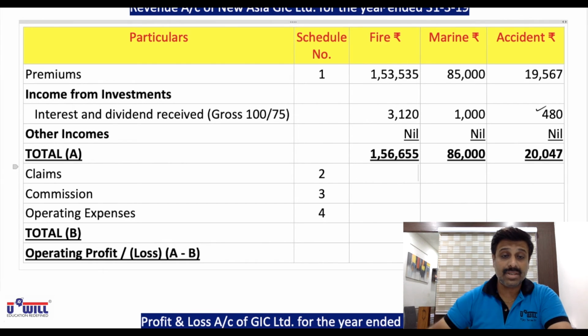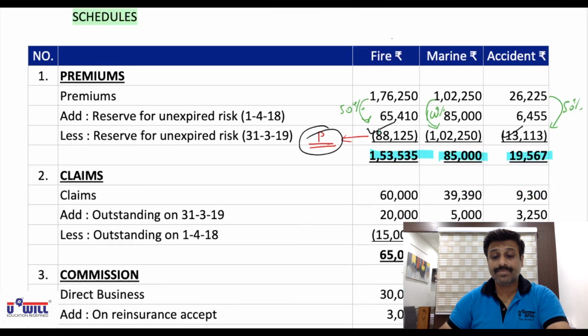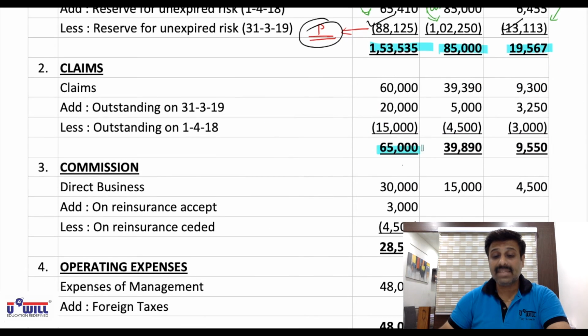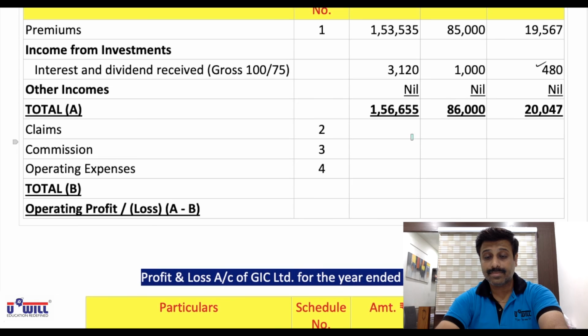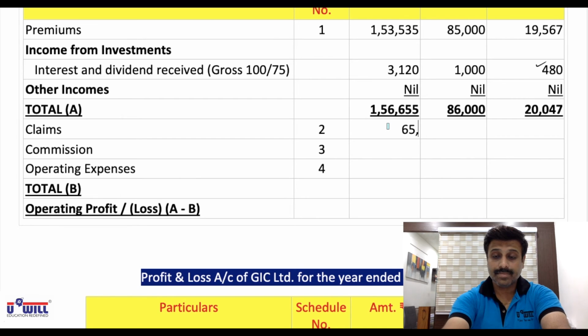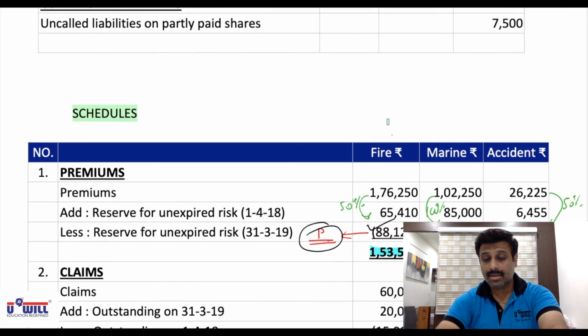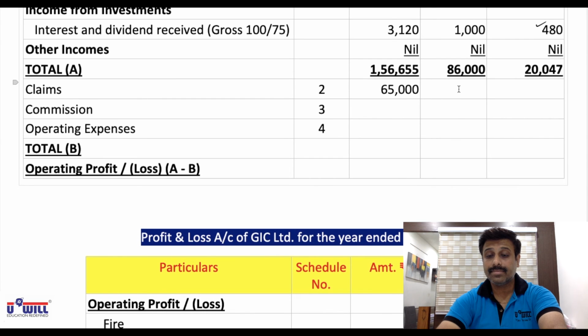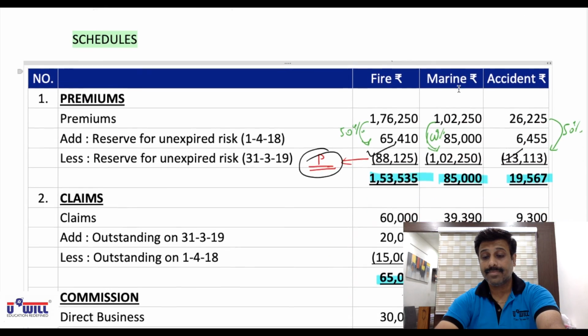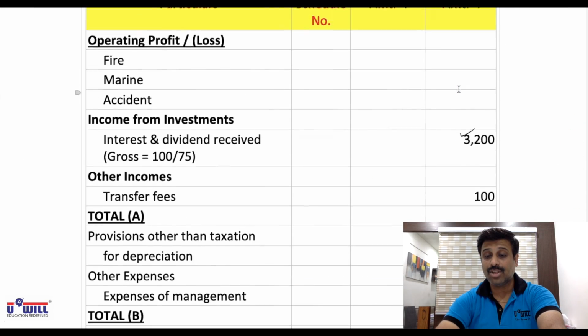Then claims as per schedule 2, we have 65,000, 39,890, and 9550.